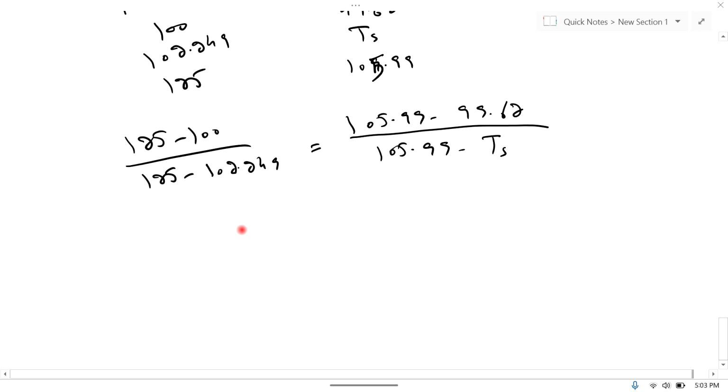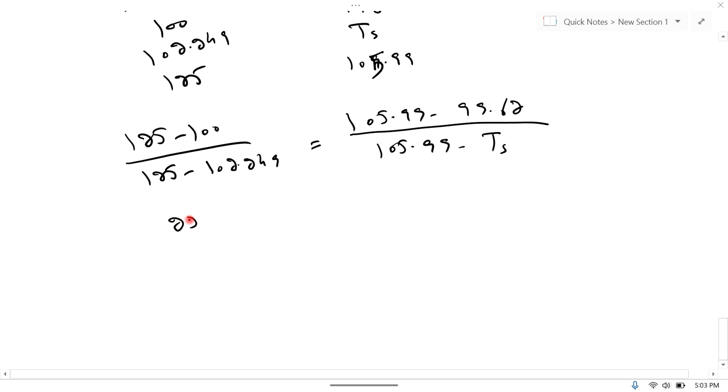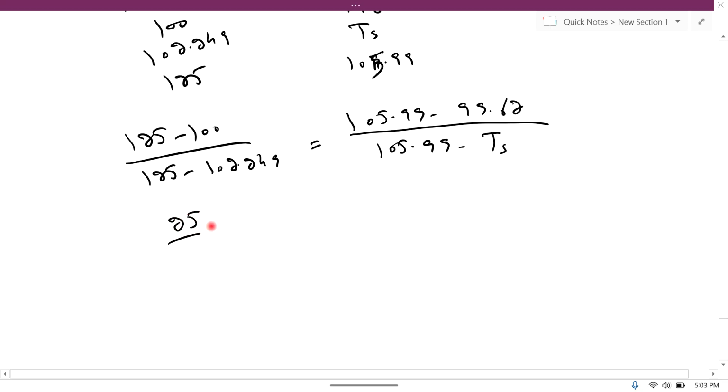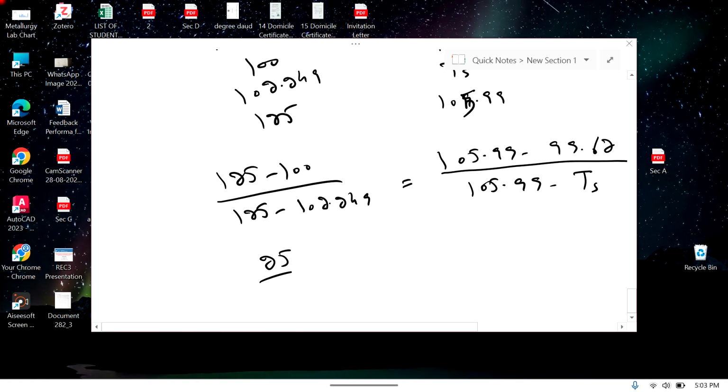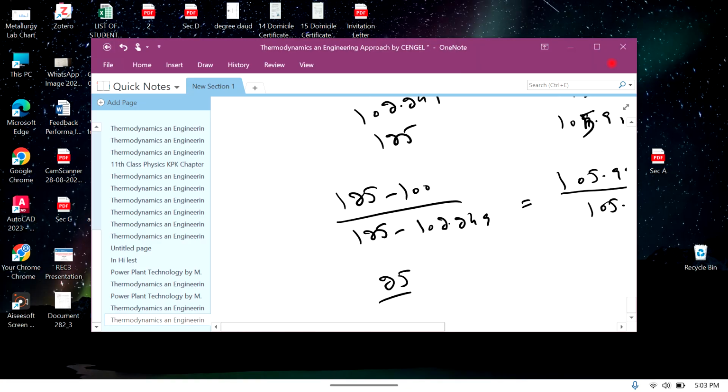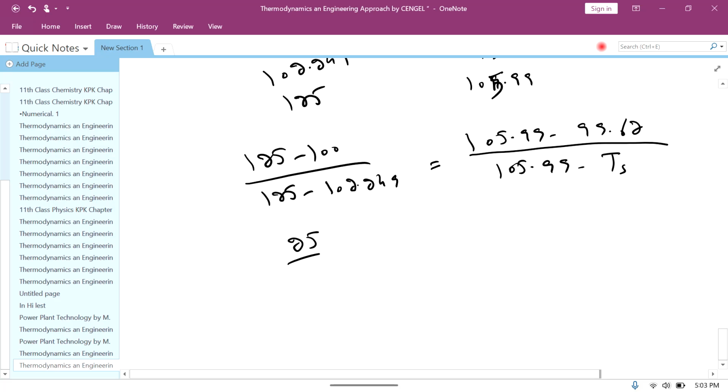So 125 minus 100 is equal to 25, and 125 minus 102.249 is equal to 22.751.